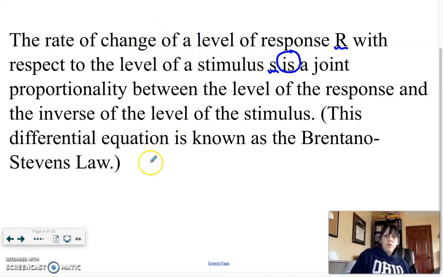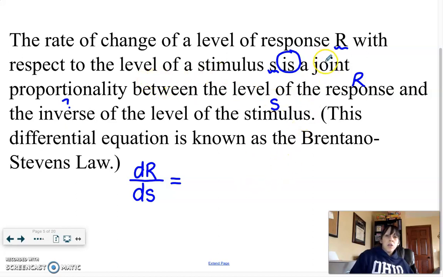The rate of change of a level of response, so dR with respect to the stimulus, so dS, is means equals a joint proportionality between the level of response, which was R, and the inverse, come back to that, of the level of the stimulus, which was S.